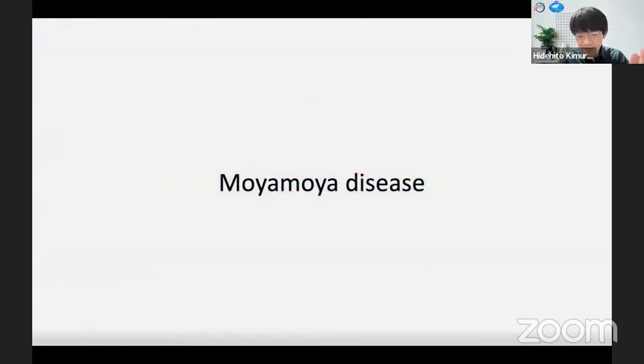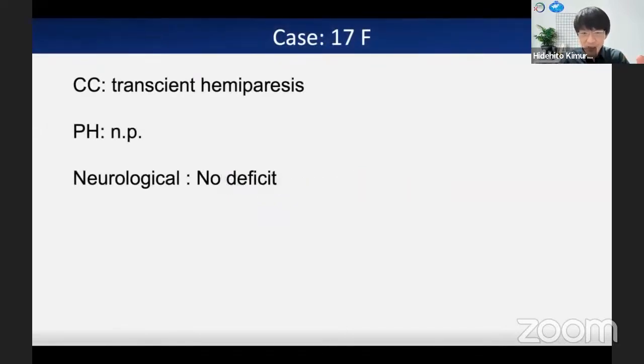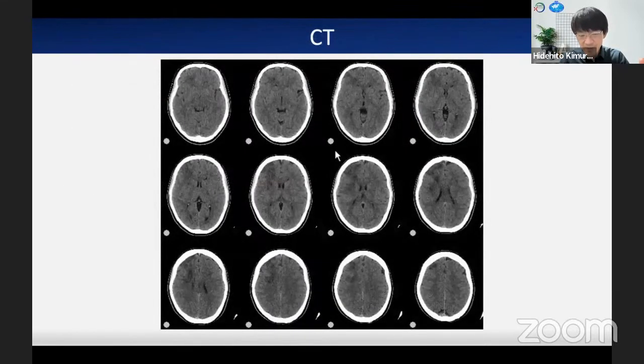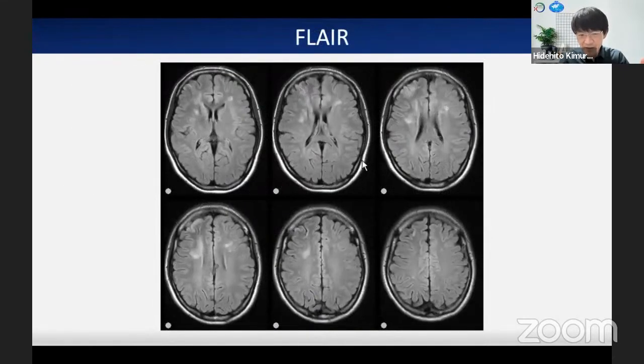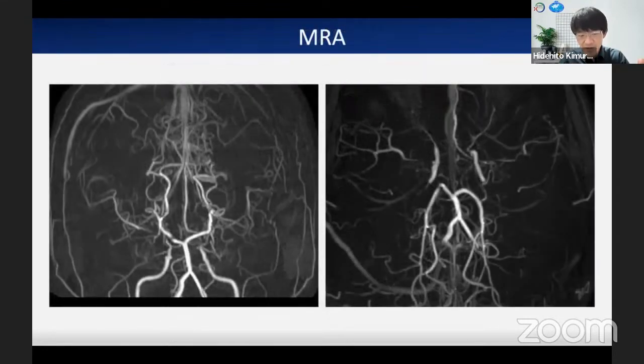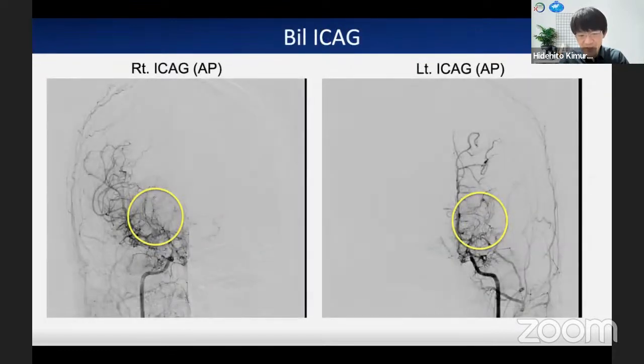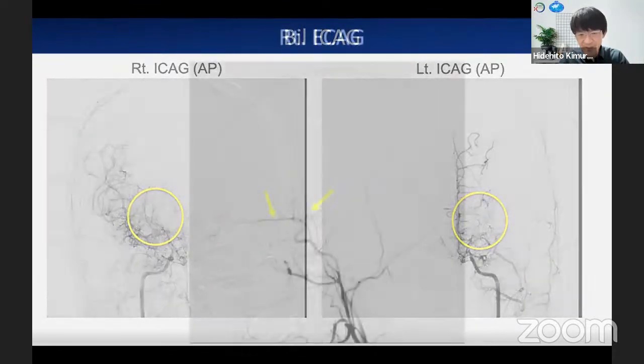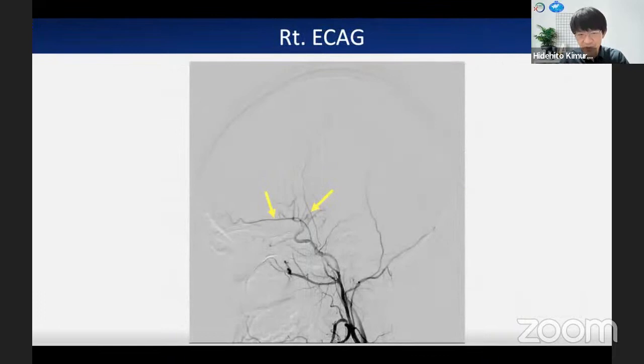And I'll talk briefly regarding moyamoya disease. This is a 17-year-old woman, and the right side ischemic region had already suffered. The bilateral ICA terminal portion showed the typical finding, and moyamoya disease was identified on the angiogram.